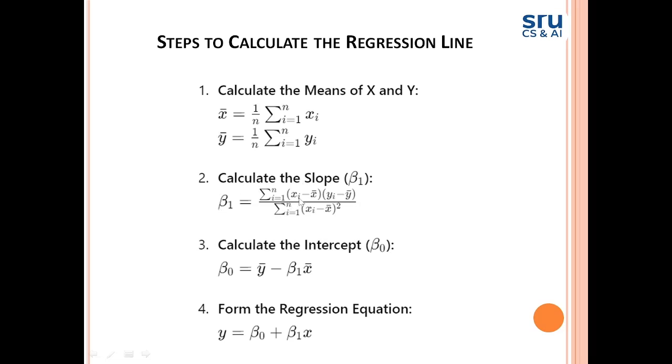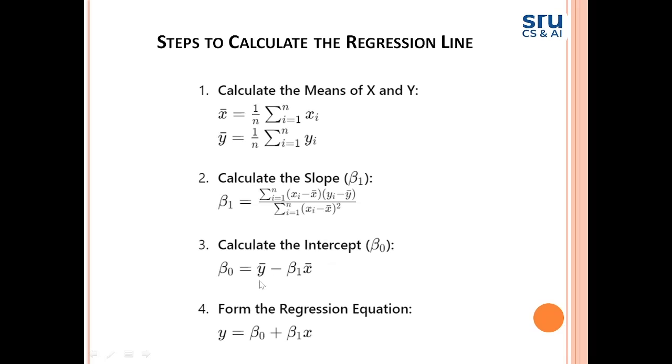Once we know the values of, say, xi and yi, where x bar is the mean and y bar is the mean of the data samples in y, we put all these values in this equation in order to find out the slope beta 1. After this, how do we calculate the intercept beta naught?